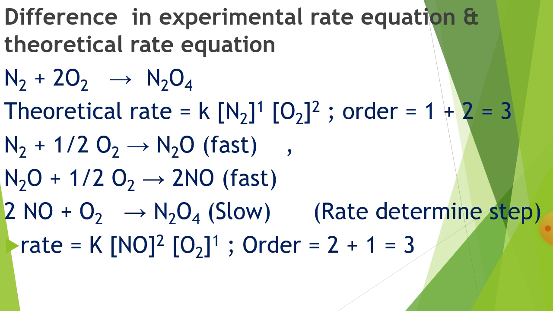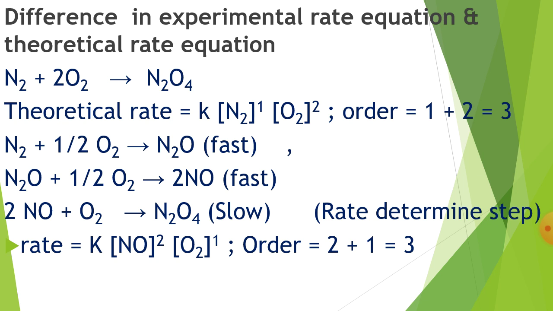How can you know whether the rate equation is experimental or theoretical? One reaction is given: N2 + 2O2 gives N2O4. These reactions are also helpful in the p-block elements.